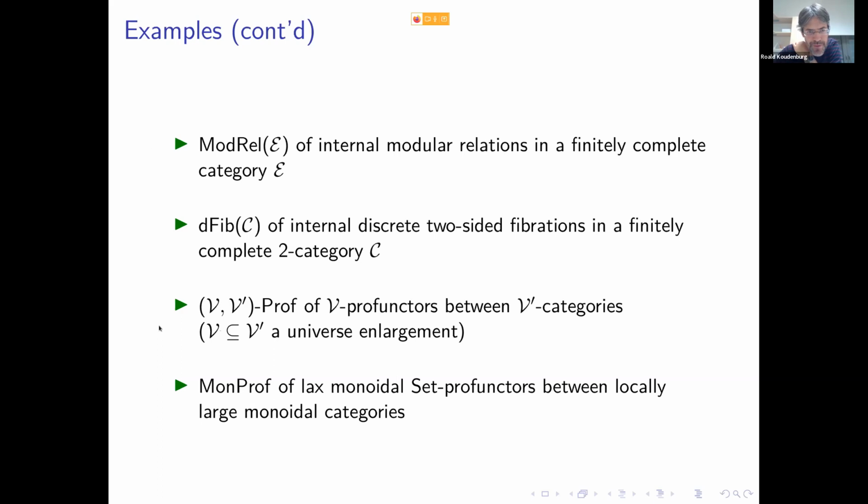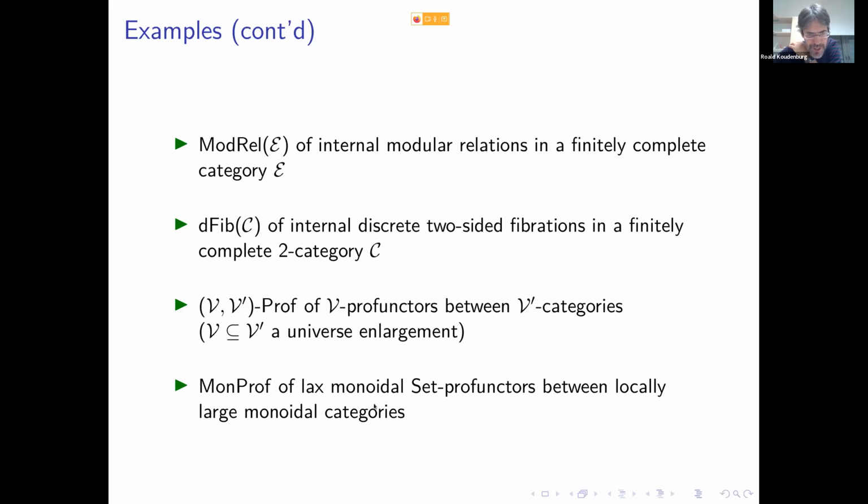Here we have the enriched variant of Prof. If we have a universe enlargement consisting of two monoidal categories, one contained in the other, and V prime should be large, complete, and cocomplete, etc. Then you can look at V pro functors between V primed enriched categories, right? So if V is small sets and V primed is large sets, then this recovers the first example, Prof. So we have internal and enriched.